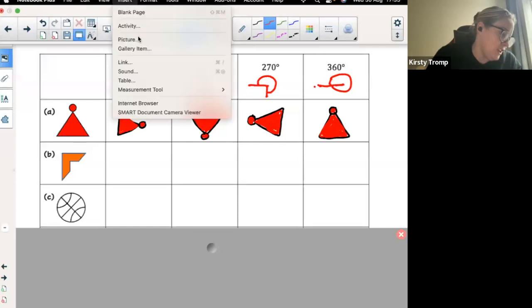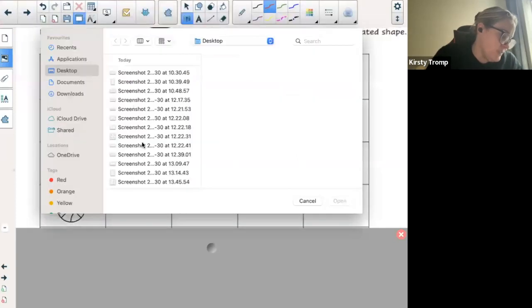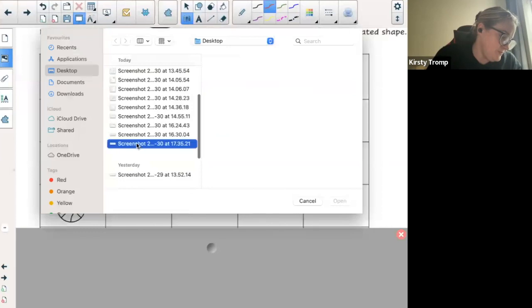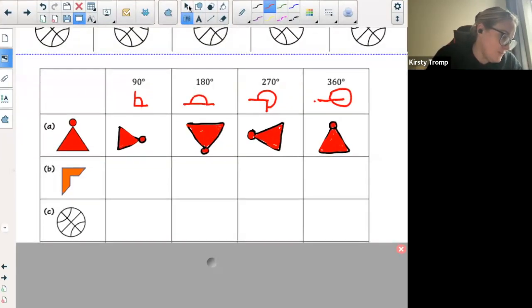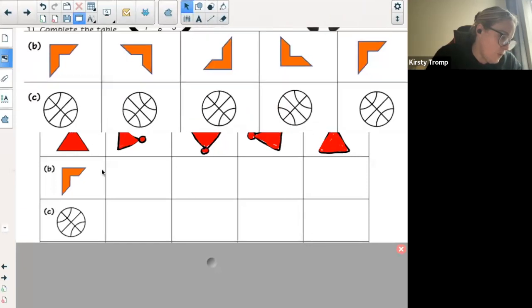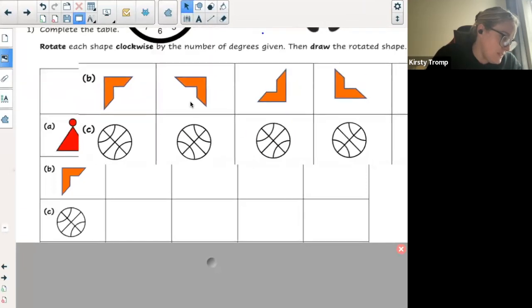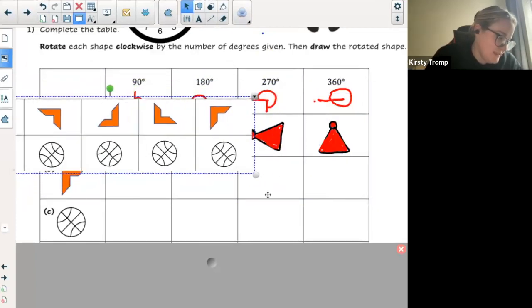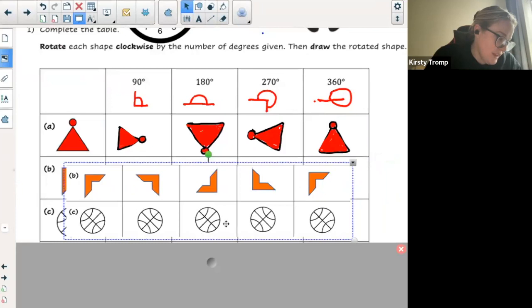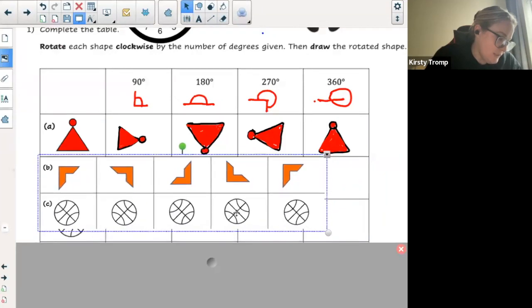So let's have a look at your answer. For those two shapes, we should have shapes that look as follows.